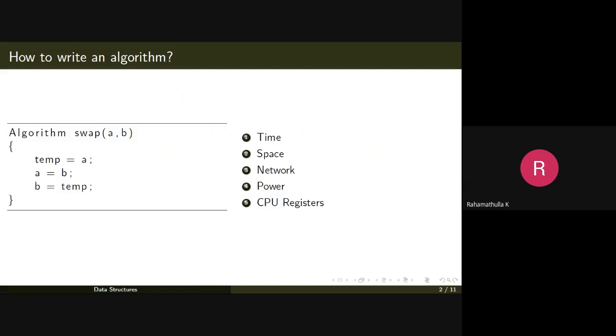If the algorithm is written for very small gadgets, then it can be analyzed against power consumption also. Another analysis category is the CPU registers required for an algorithm, etc. So all these can be different algorithm analysis parameters.